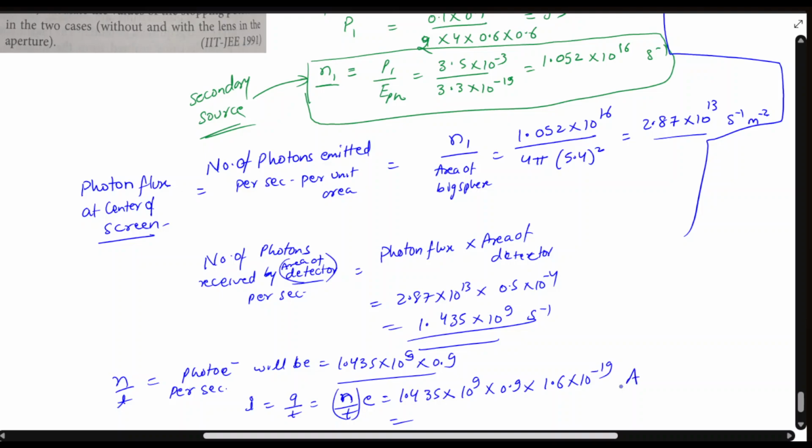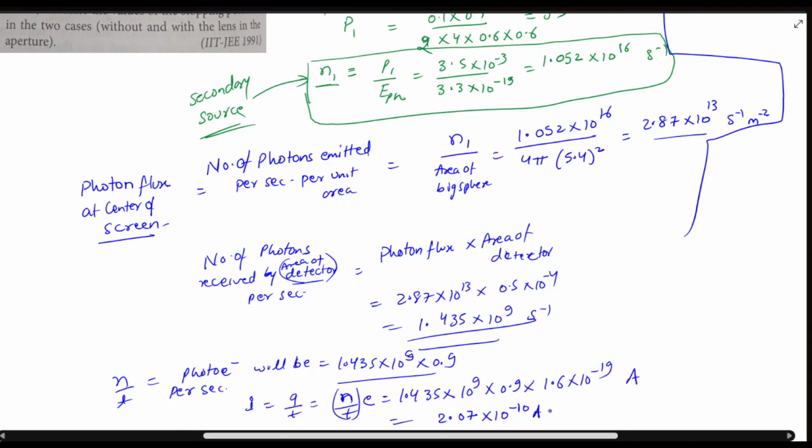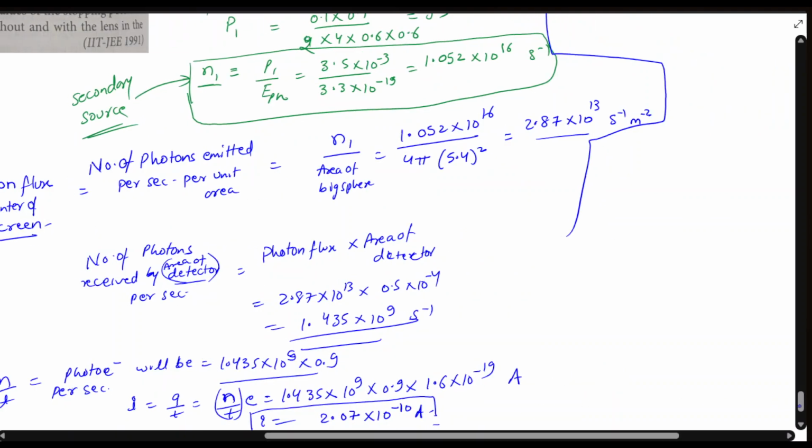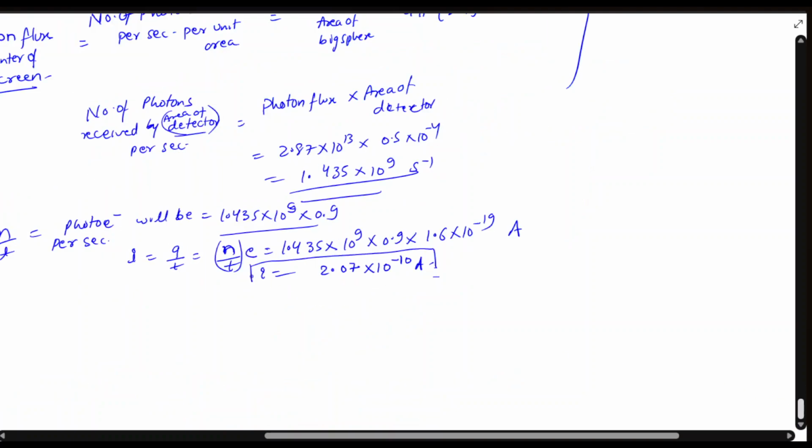So this will be in ampere, and you will get 2.07 into 10 raised to power minus 10 ampere. This will be the photocurrent the detector will get.